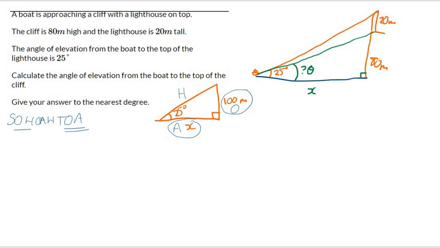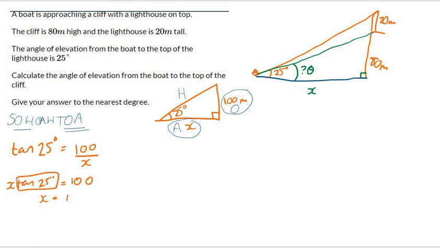So we're going to be using tan. Tan of the angle is equal to the opposite side over the adjacent side. We need to solve that equation. We don't like having the unknown in the denominator, so let's multiply both sides by x. Then to get x on its own, we divide by this whole section, tan 25.